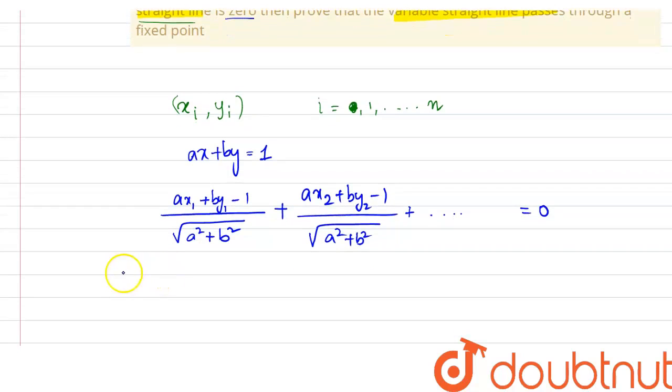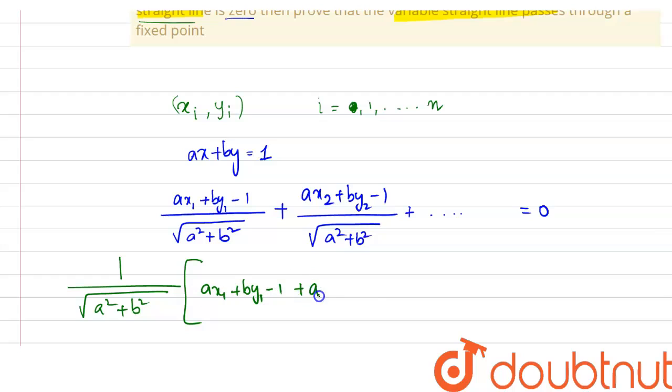Now can we further solve this? All the denominators will be the square root of a square plus b square, so let us take 1 by square root of a square plus b square common, into, what do we get all this sum to be? (ax1 plus by1 minus 1) plus (ax2 plus by2 minus 1) plus so on up to (axn plus byn minus 1) is equal to 0.